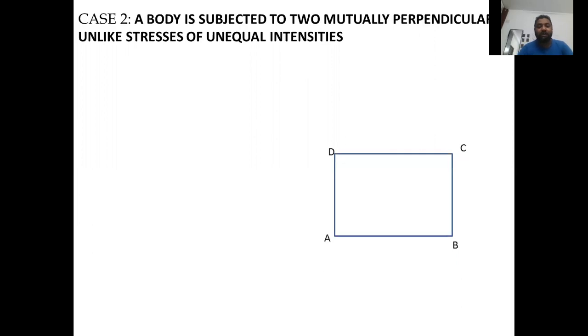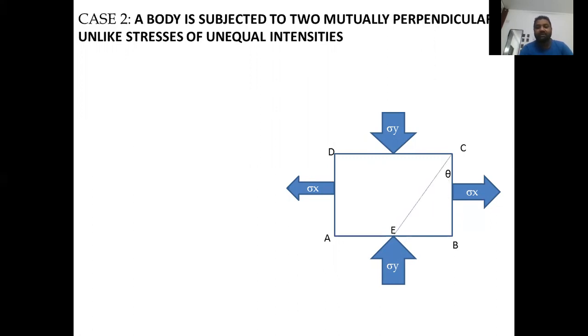So this is a rectangular bar ABCD. These are the stresses acting on the bar at faces ABCD. Sigma X, the tensile stress, and sigma Y, the compressive stress, are acting on the body. Now this is the oblique plane CE, which makes an angle theta with the plane of sigma X, or we can say with BC.